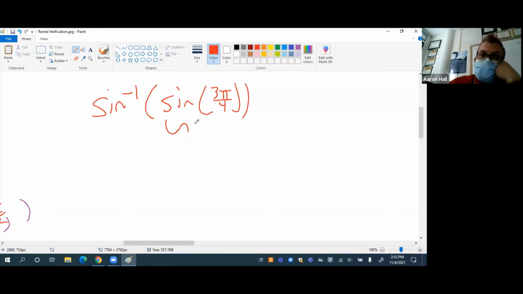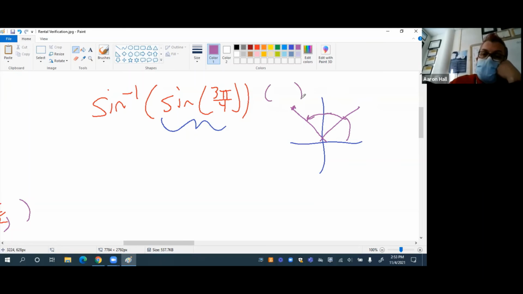What is this? Yeah, we're rotating 1, 2, 3. We're here. What's my y value at that point? It's the same as the y value here.